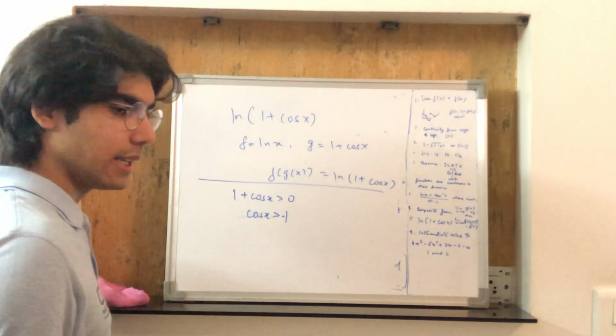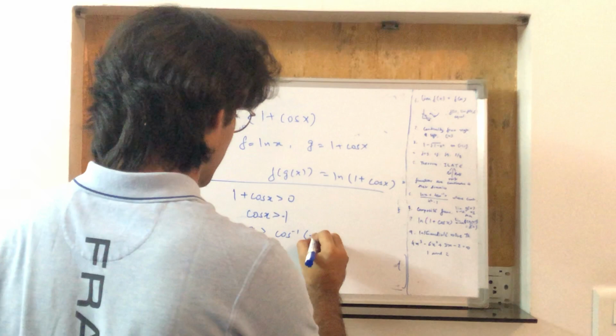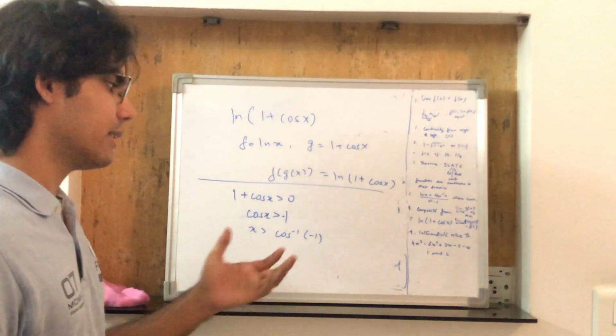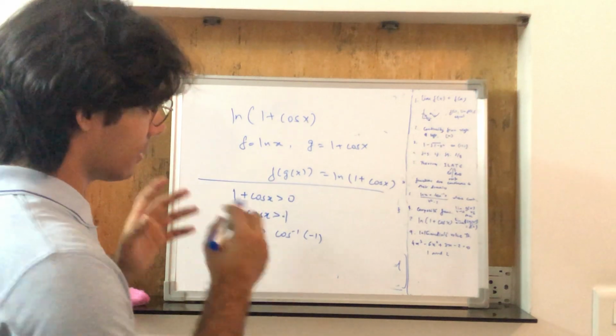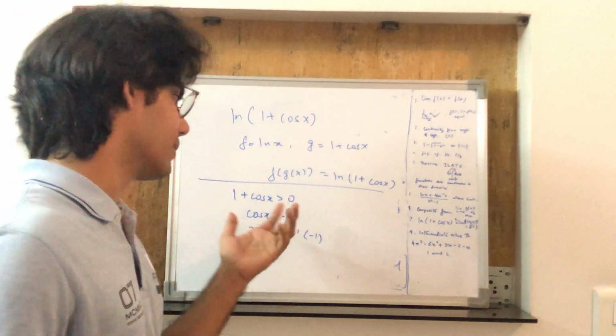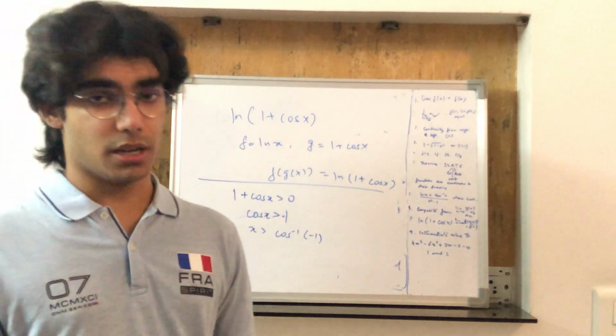That would give you a bunch of values in terms of pi, and that's your solution. So for all values where cosine of x is greater than minus 1, this function is going to be continuous.